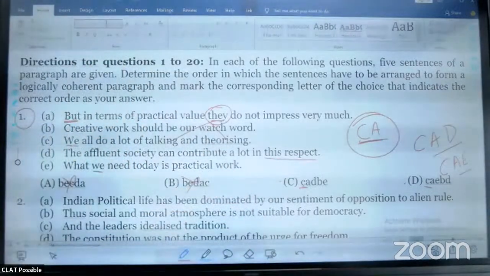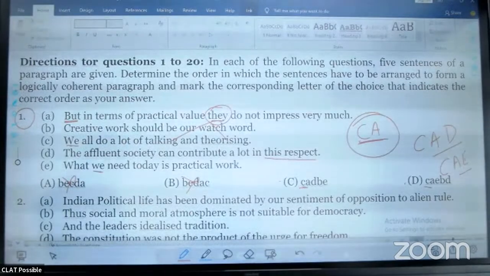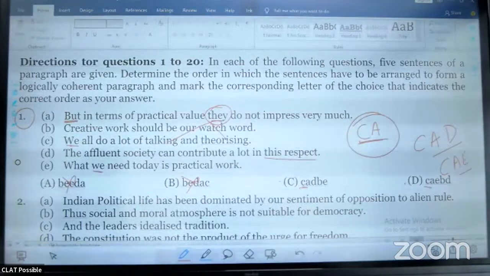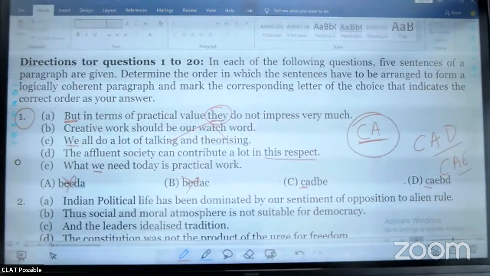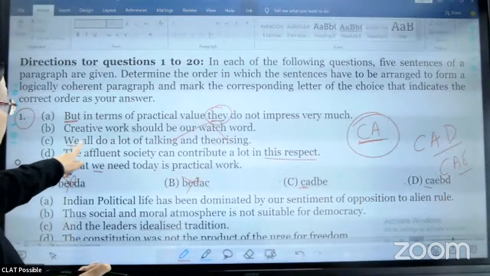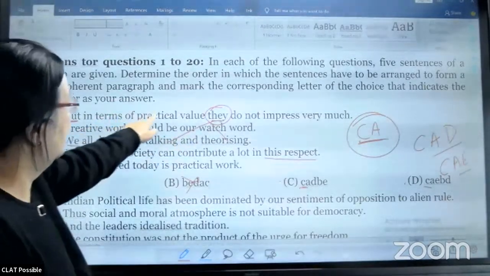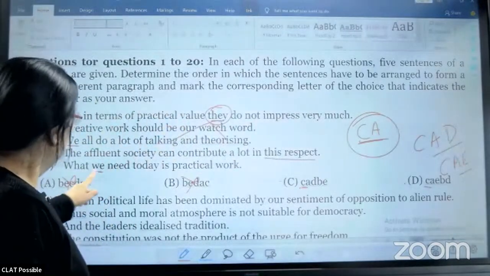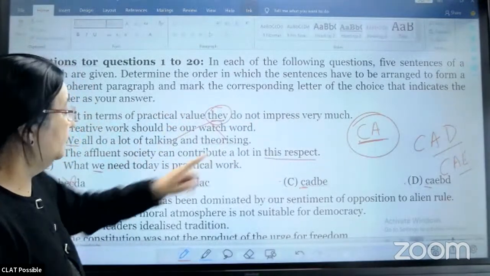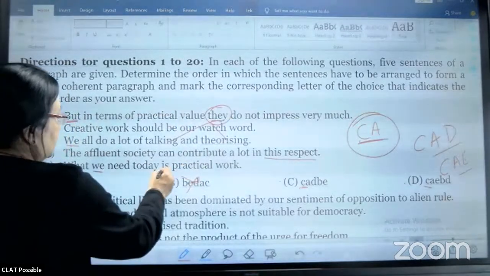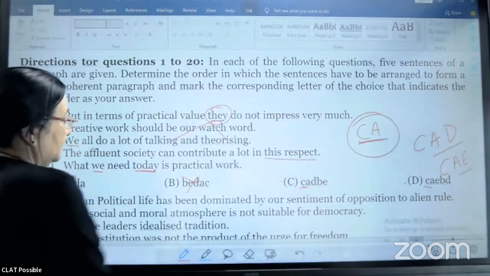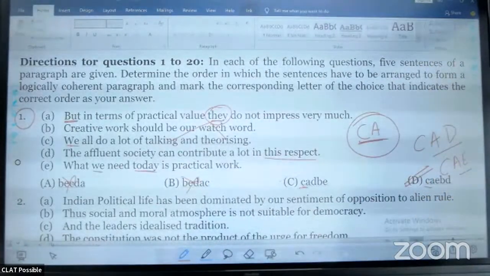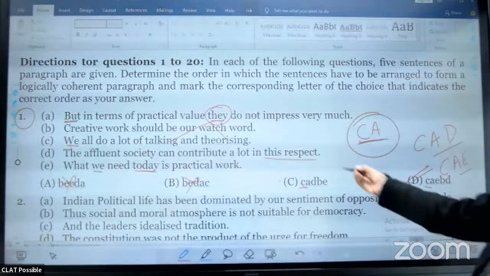So here, can you see how we did this? Now check CAE or CAD and we'll be done. We all do a lot of talking and theorizing, but in terms of practical value, they do not impress very much. What we need today is practical work. So CAE, not CAD, because after that the affluence writers are here.